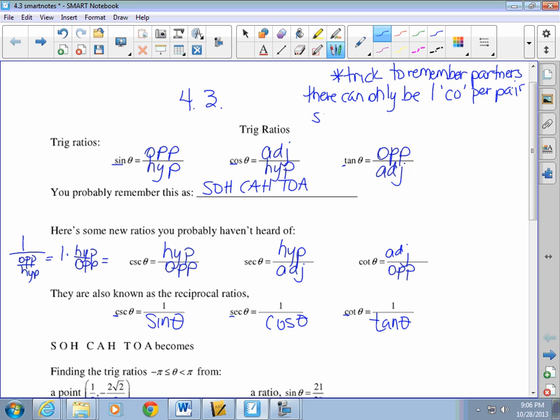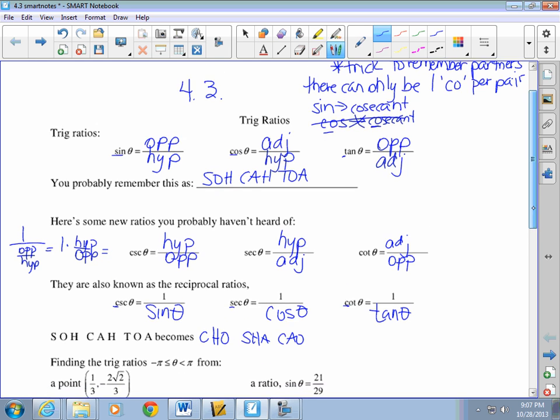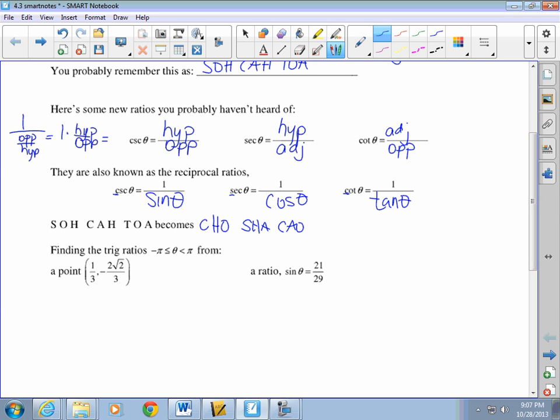So sine can go with cosecant, but cosine can't go with cosecant because there's a co and a co, so that one doesn't work. So SOHCAHTOA becomes CHOSHAKAO. CHOSHAKAO. Sounds like it's a language of its own.